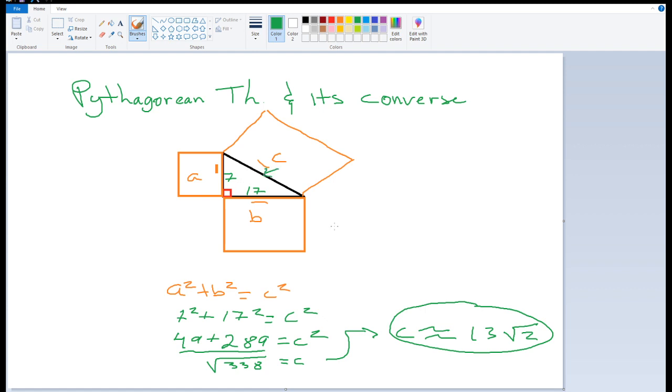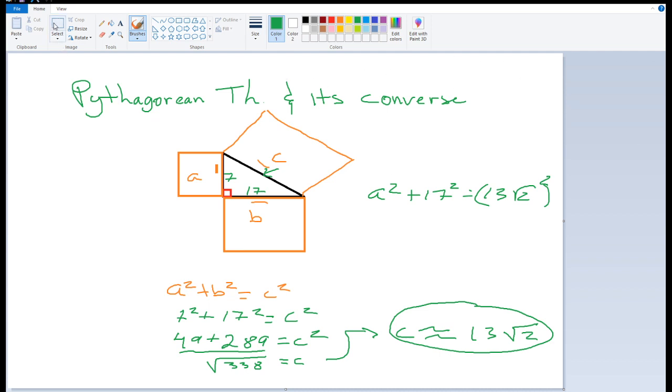We can play with this. If I was given c and I was looking for a, I would just substitute what I have into the formula here. If I was looking for the other side, I would be able to find the value of a. I think most of you have been exposed to this in the last chapter.